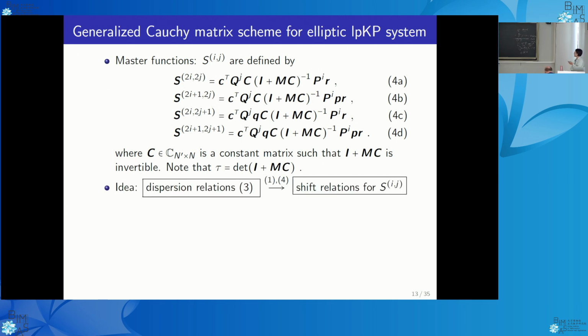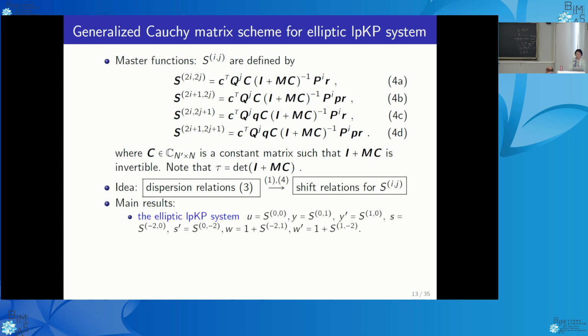The main idea is that from the dispersion relation 3, by using the Sylvester equation and the definitions for Sij, we can get the dispersion relation for M and then for Sij.